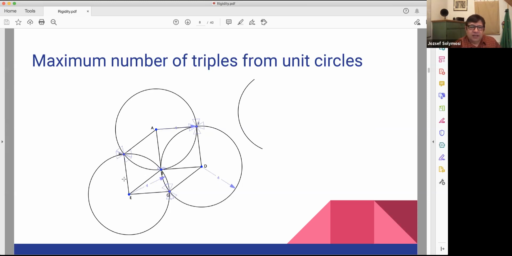The statement is the following: if you have a point, in this case that would be B, and 3 unit circles incident to this point B, then the 3 other intersection points, in this case H, G, and F, denoted by those butterflies, are also on a unit circle.